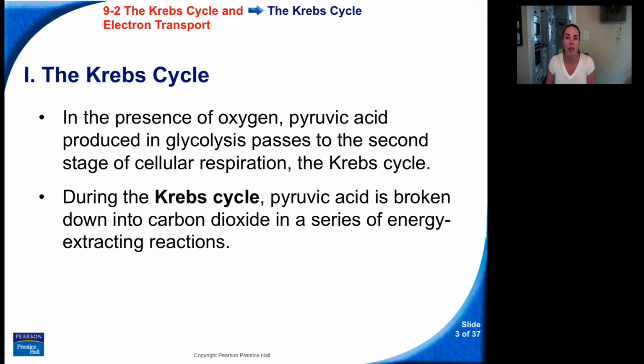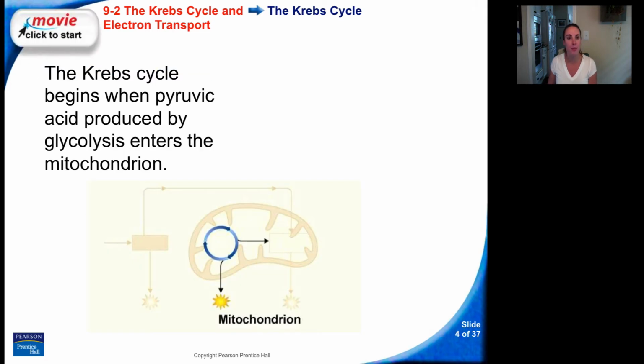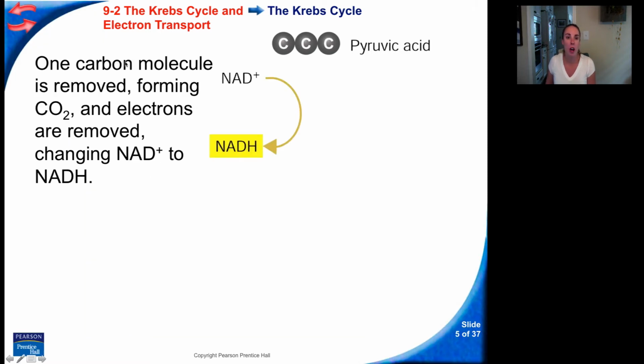So during the Krebs cycle, pyruvic acid is broken down into carbon dioxide and a series of energy extracting reactions. So the Krebs cycle begins when pyruvic acid produced by glycolysis enters the mitochondria. So pyruvic acid is entering the mitochondria, going to the Krebs cycle. So one carbon molecule is removed, forming CO2.